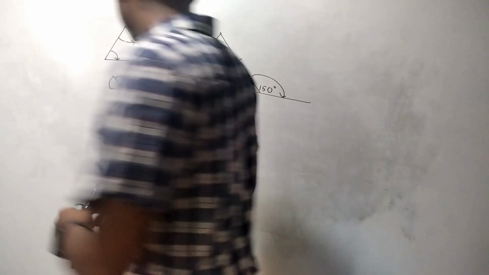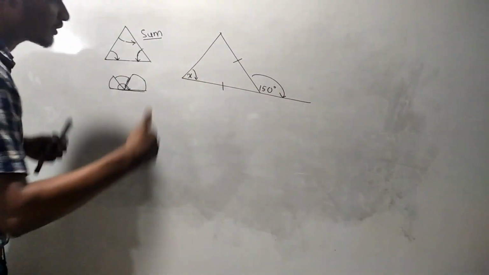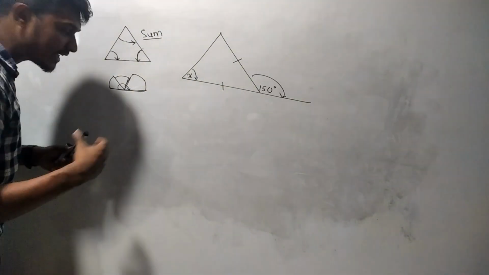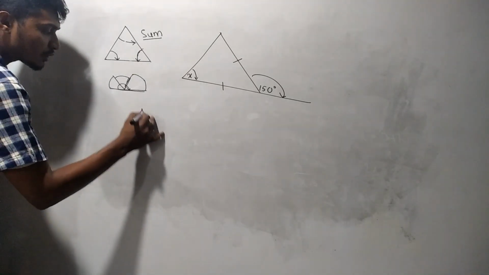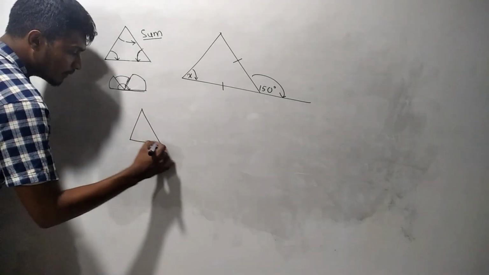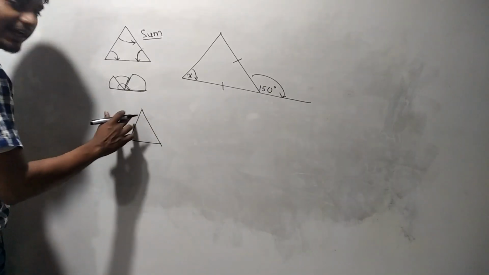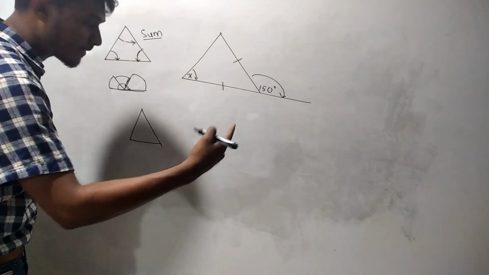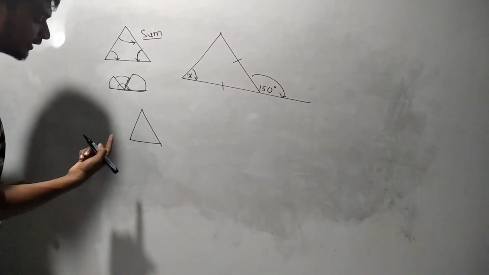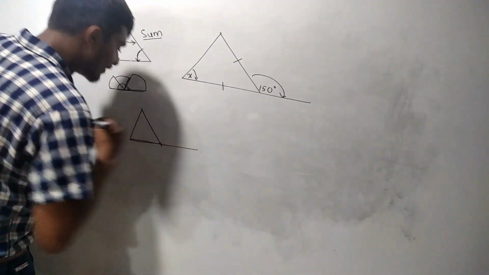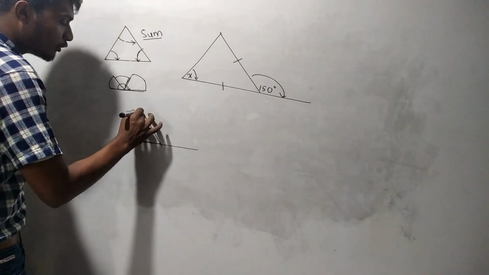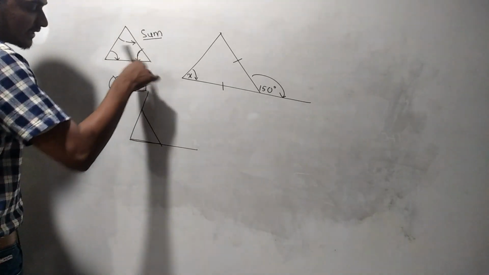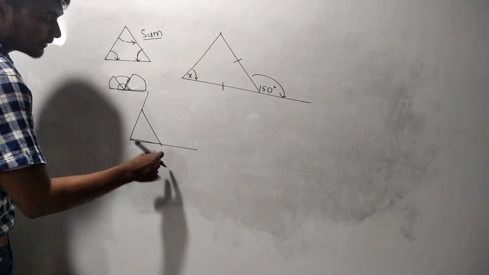Alright, now what's the second theorem? The second theorem states that if you have a triangle, you consider the sides and extend one of the sides. You have three sides, and you can extend any of them.